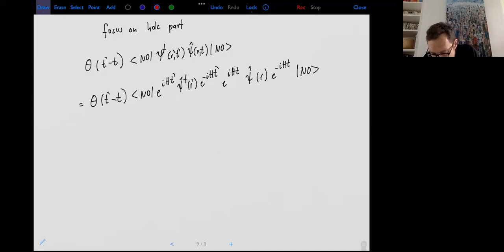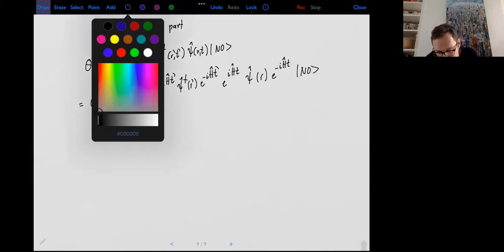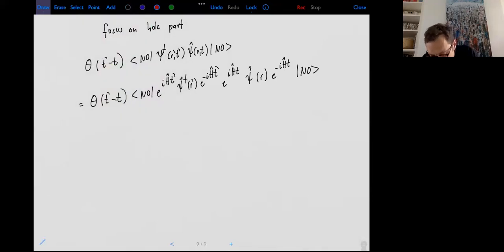Now here I'll put little hats on all the Hamiltonian operators. When the Hamiltonian acts on the ground state, like here or here, we can just replace the Hamiltonian by the ground state total energy.